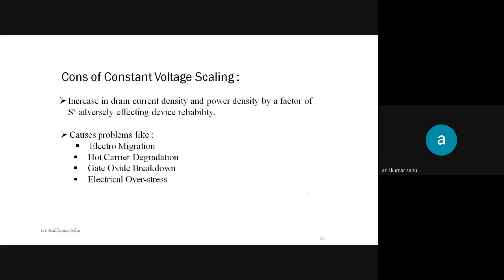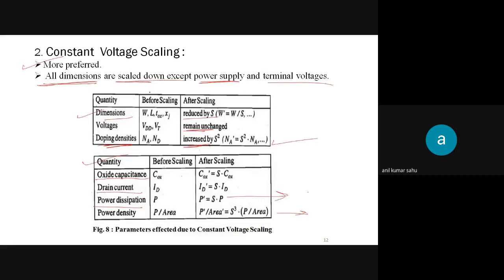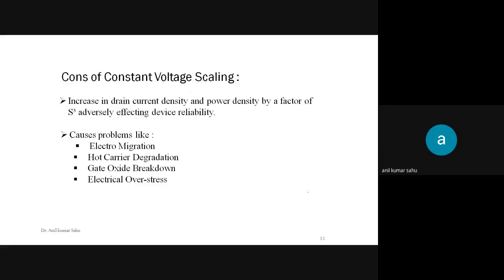The cons of constant voltage scaling is the increase in the drain current density and power density by the factor of S cube, adversely affecting the device reliability. Here we can see power density is increasing by S cube. This will give an adverse effect in the reduced device. There will be some problems because of the increase of power density.